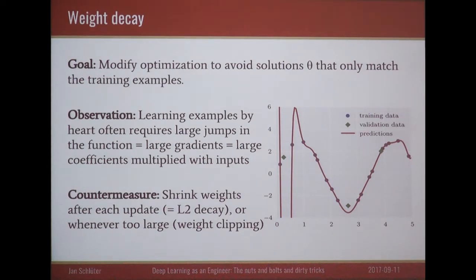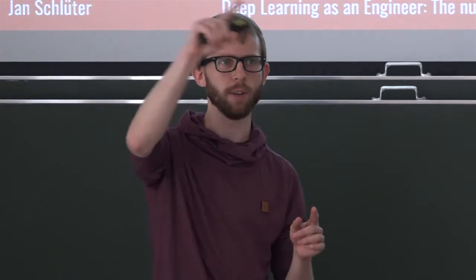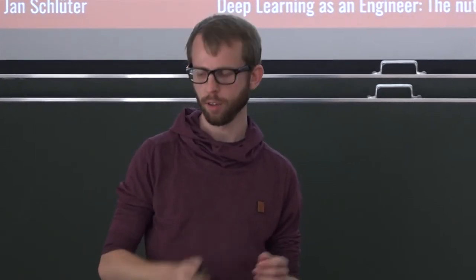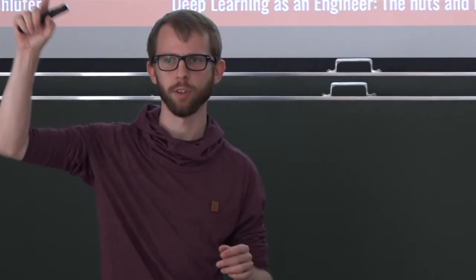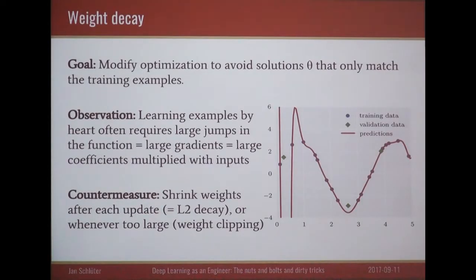So one way is to observe that in order to learn all the training data by heart, the function occasionally needs to make some large jumps, which means it will have a large gradient with respect to the input.